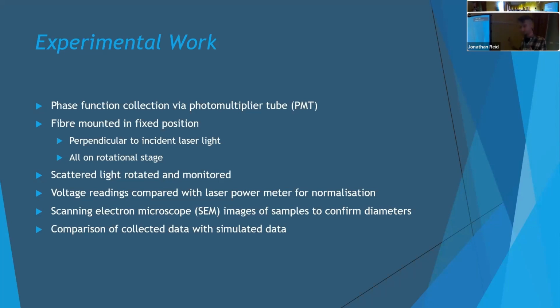A laser shone at it at normal incidence, and the stage was rotated, and the data was collected with the PMT, and then converted into irradiance. Then I used SEM to figure out the actual diameters of the fibers. I used two different fibers, one carbon and one glass.